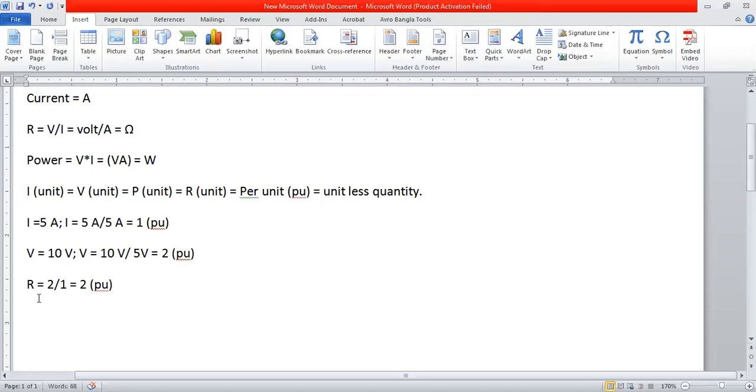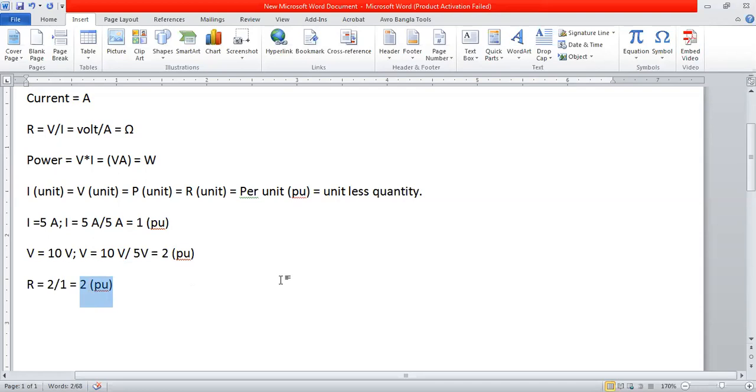So now this is the conception of per unit, to replace a unit quantity with a unitless quantity. Now if we say that the value of resistance is 2 per unit, then we will not understand how much this quantity is. It could mean the resistance is 2 kilo ohm, or 2 ohm, or 2 mega ohm.